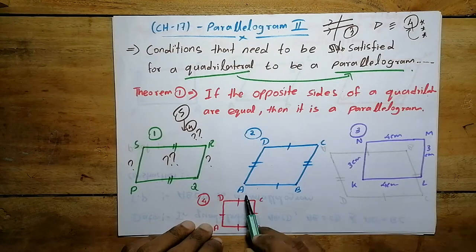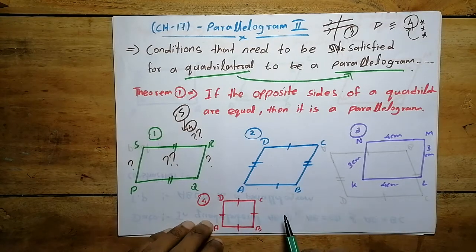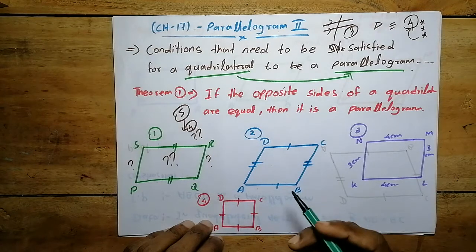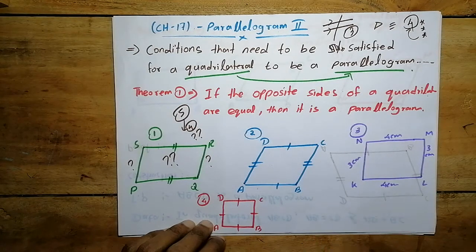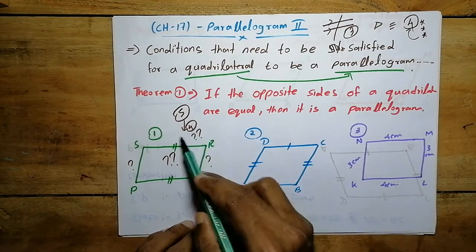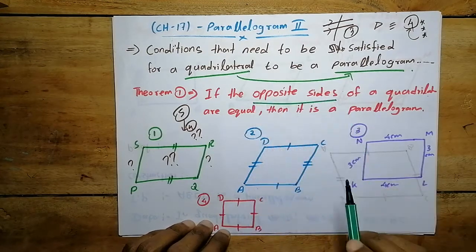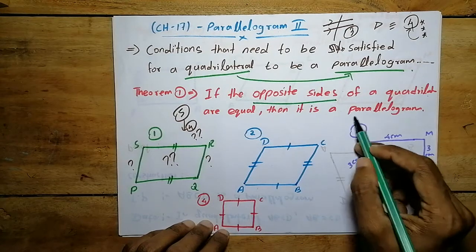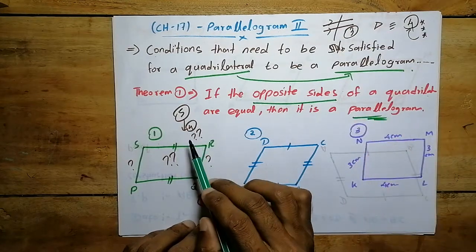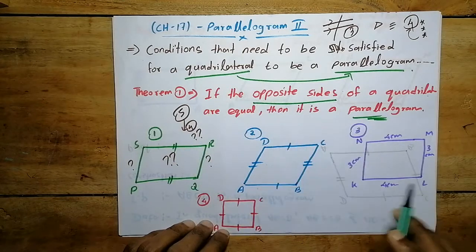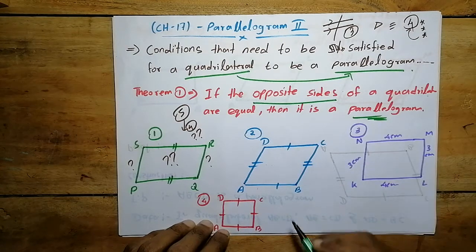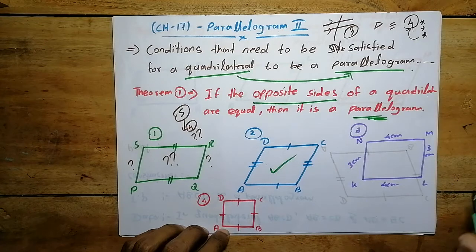So we know that if opposite sides are equal, as we discussed in parallelogram 1, the opposite sides become parallel, and we can continue to get the other four. Only this data is enough to prove a parallelogram. If we have the opposite sides equal, the others are automatically there. Yes, ABCD is a parallelogram because the opposite sides are equal.